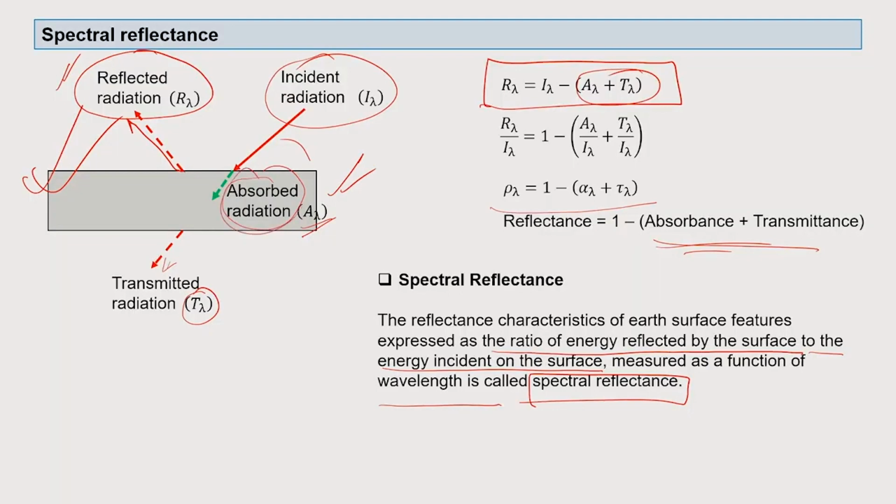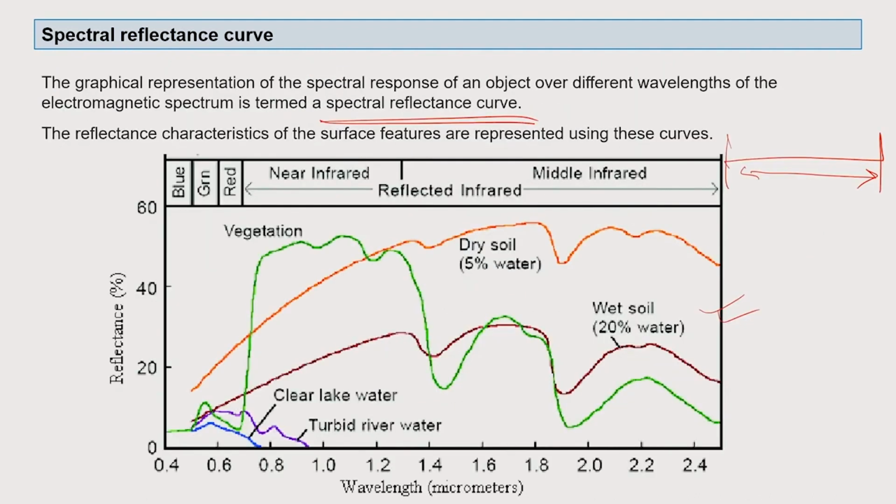So some part will be absorbed, some will get transmitted, but some will get reflected. So these reflectance characteristics of the surface features are represented using different kinds of curves. Okay. So this is the full range of electromagnetic waves.